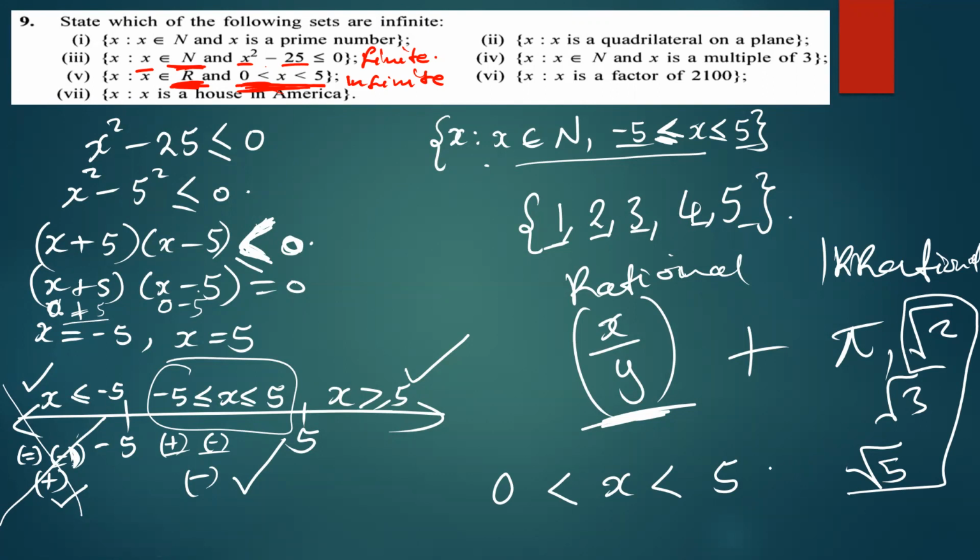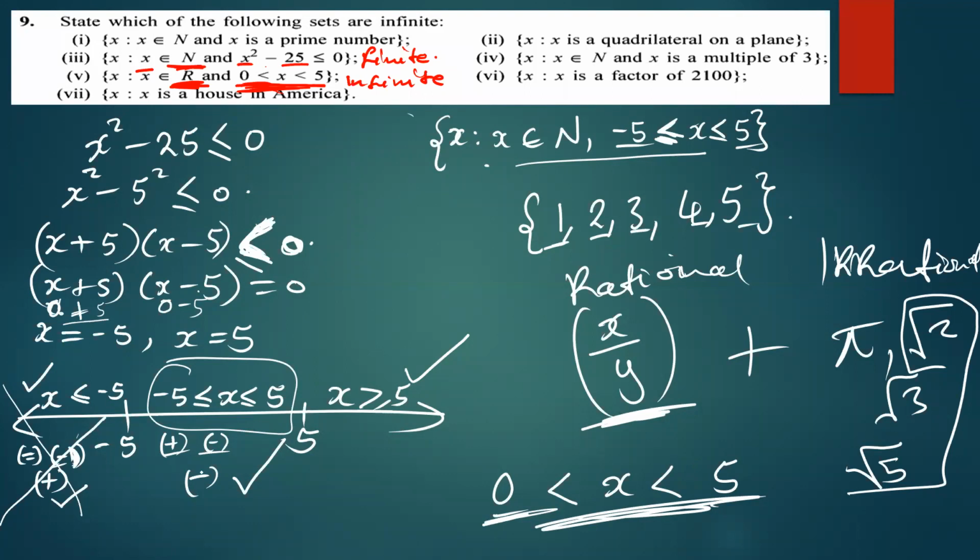It will be in decimals, meaning it's also between 0 and 5. We are also talking about 0.00000000001. It's also part of this set. Now, when we say let's count the numbers that are in between, we can't manage to count them. Hence, we say it's an infinite set.